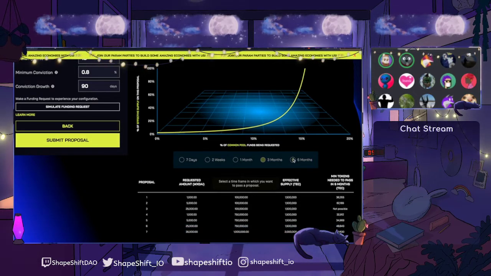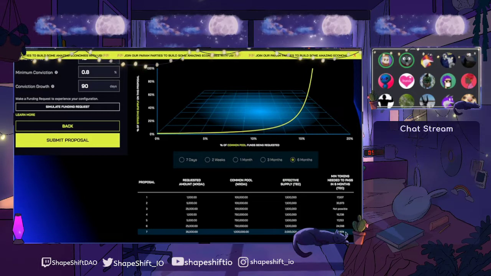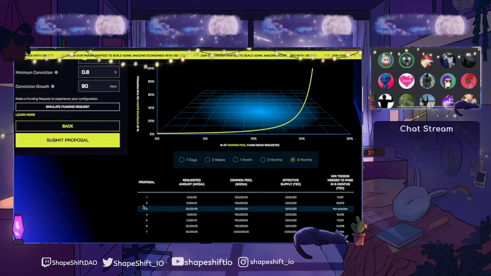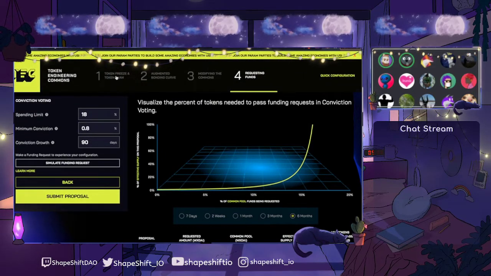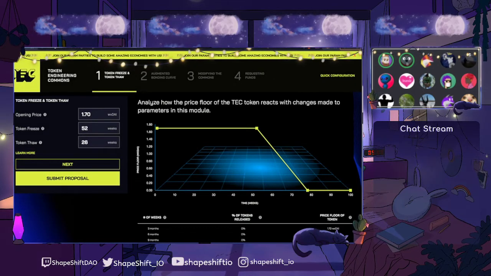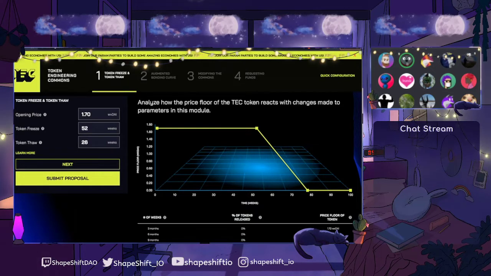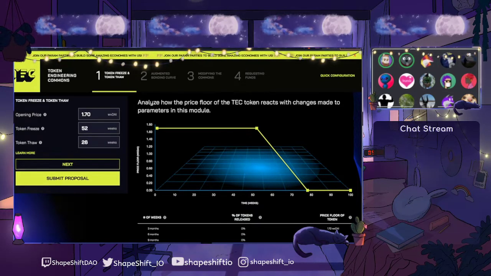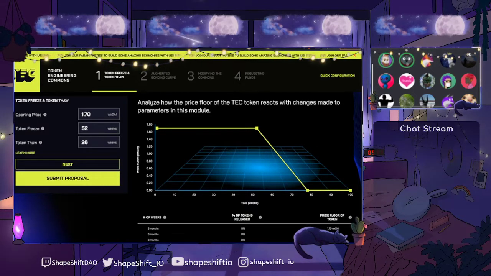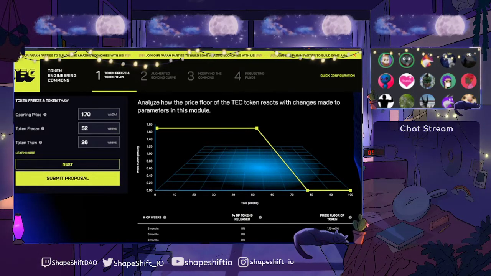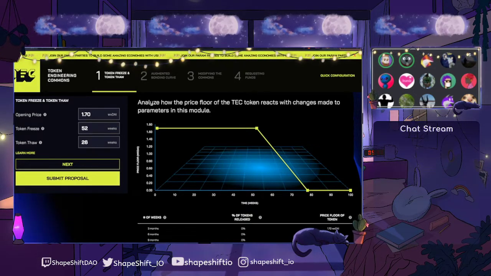So eventually, even in 6 months, a proposal like this would need to be backed by this amount of TEC tokens. So yeah, as you can see in this general overview, it's an amazing tool that can help our communities really get a better idea of the decisions that are made behind their economic design.